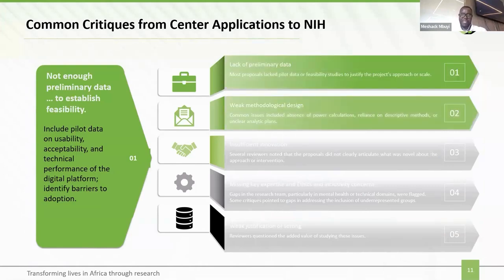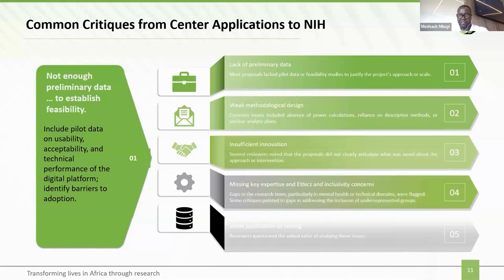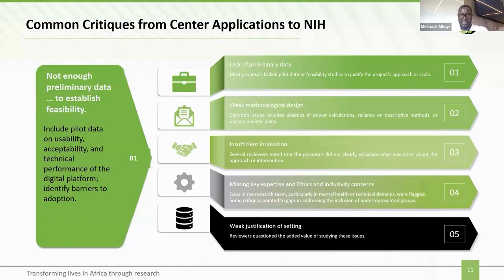You see, there's lack of preliminary data, weak methodological design, insufficient innovation, missing key expertise, ethics and inclusivity concerns, weak justifications of setting. So these are some of the comments that we've received when we've done applications to NIH and other NIH institutes.